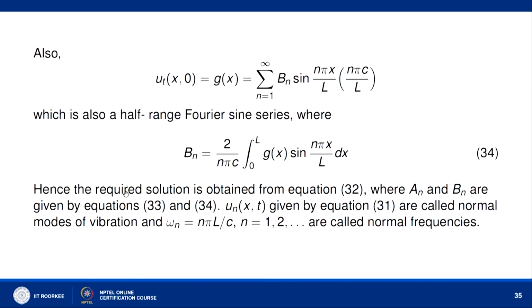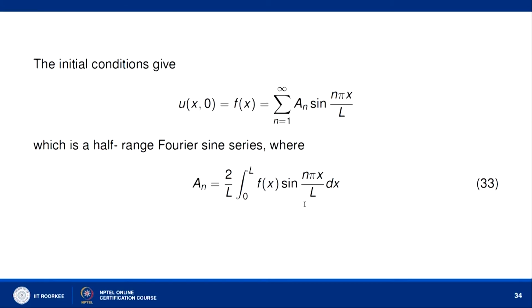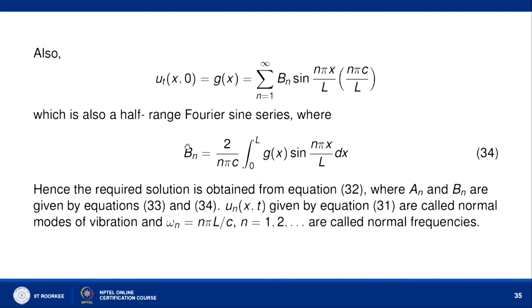So, here we require the solution obtained by equation number 32, that is u x t equal to summation n equal to 1 to infinity sin n pi x by L into a n cos n pi c t by L plus b n sin n pi c t by L, and the coefficients a n and b n are obtained in equation number 33 and equation number 34.